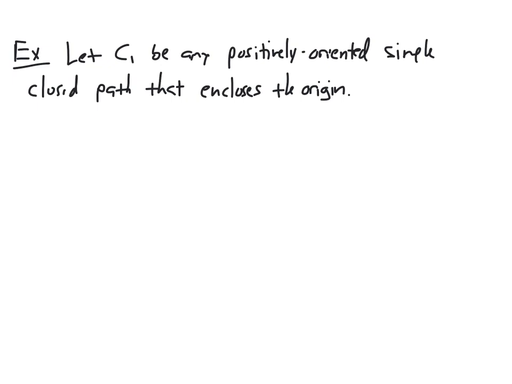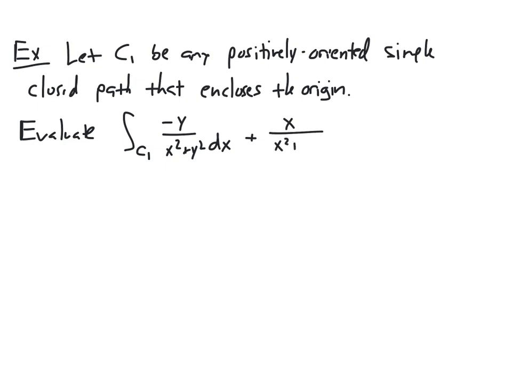And so what we'd like to do is evaluate the line integral over this curve C1 of the function negative y over x squared plus y squared dx plus x over x squared plus y squared dy.